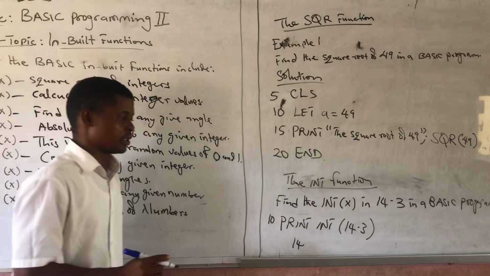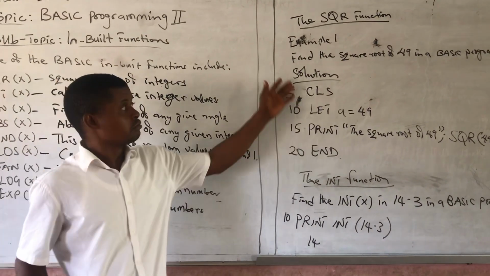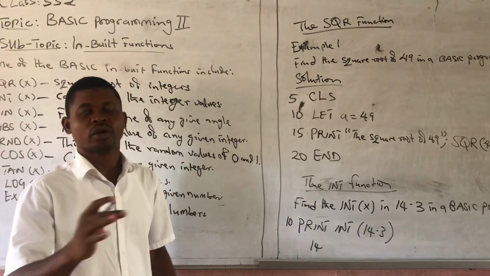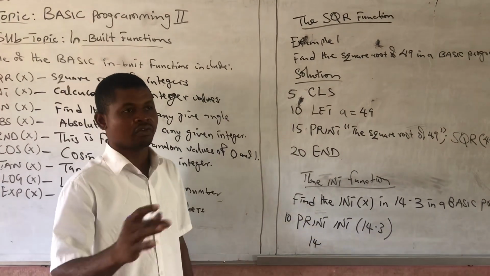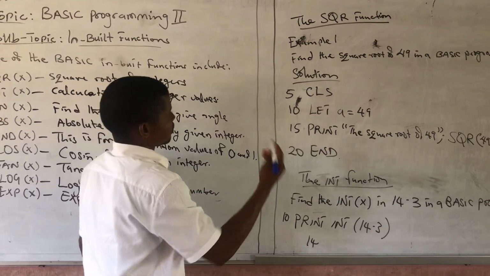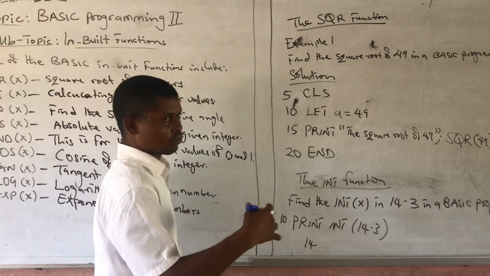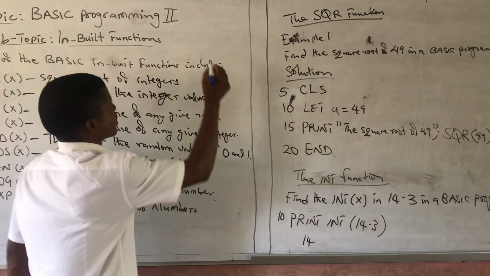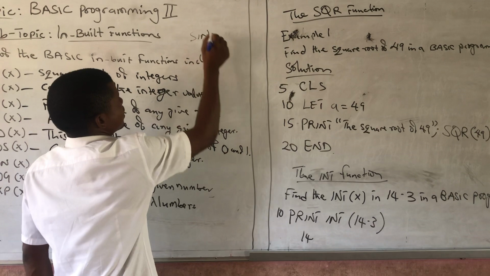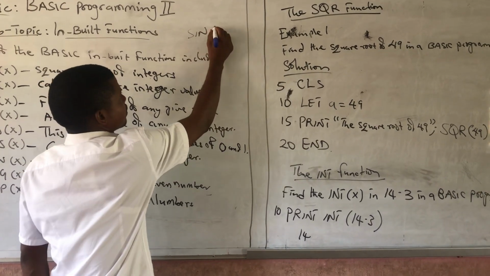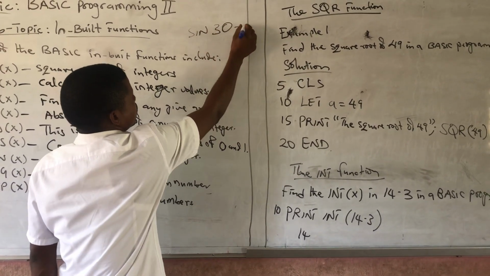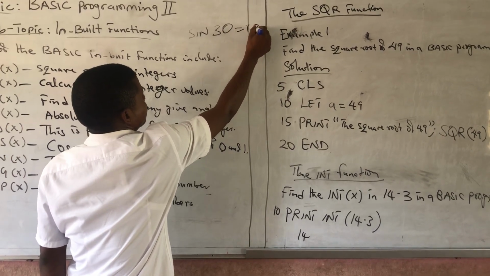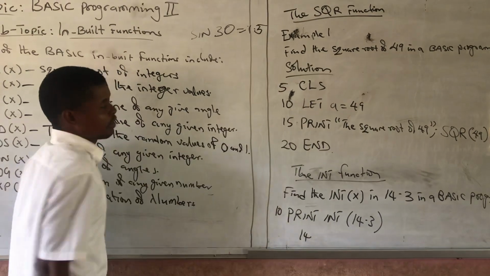We already have some of these built-in functions on our calculator. When you want to find the sine of a particular number, let's say you have been given numbers in degrees for you to calculate, then you just press on your modern calculators and say sine, then you put the number, sine 30, it will give you 0.5, that is half.